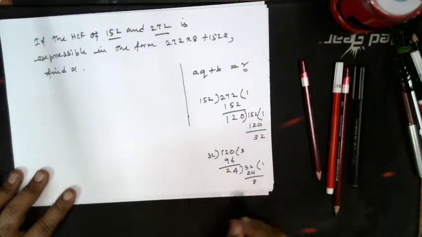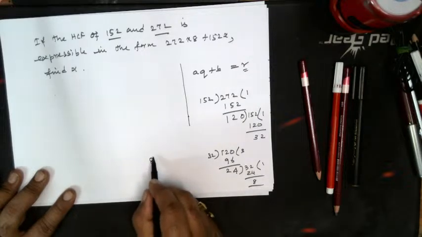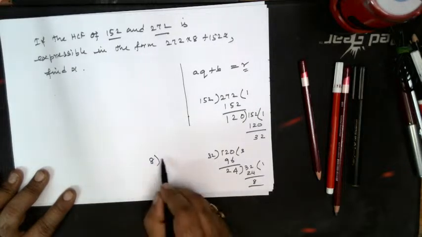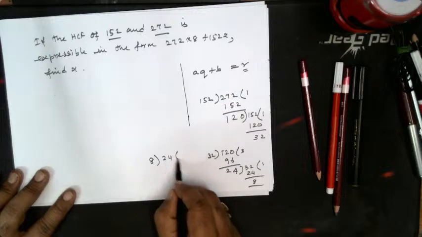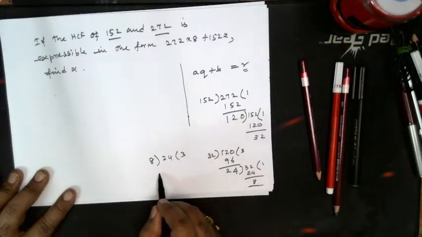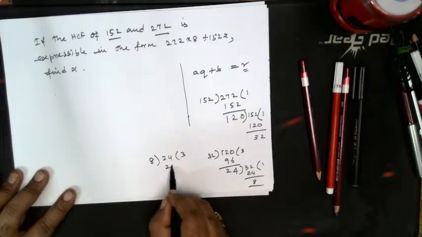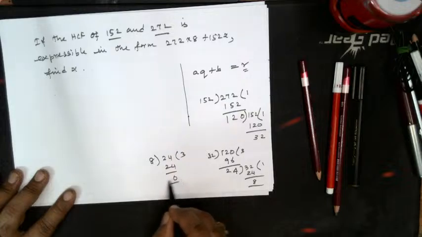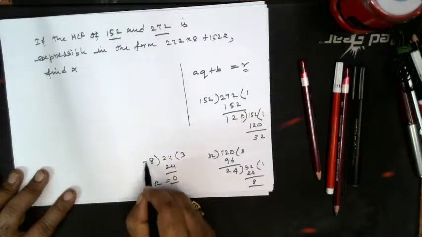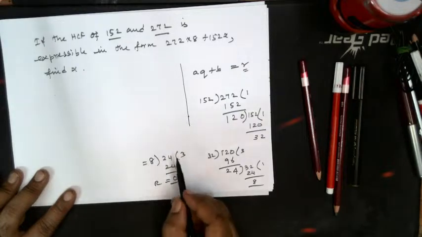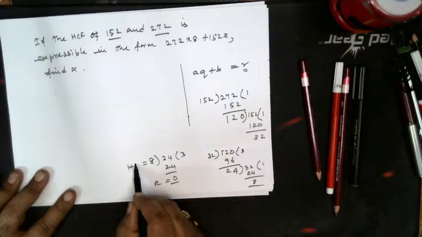Okay, so you know very well 8, and here 24. So 3 times, and what is that? 24, 0. When the remainder is 0, the HCF is how much? 8. So this is the HCF.